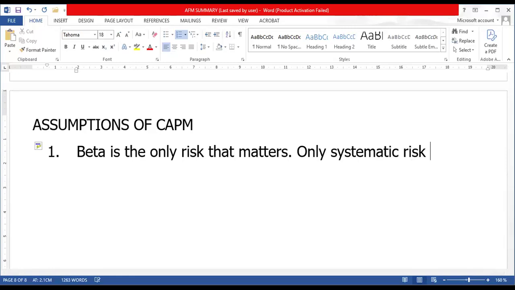And as I said, that systematic risk is like the market risk. So this model assumes that only systematic risk influences the required return. This is just the assumption in simple terms.